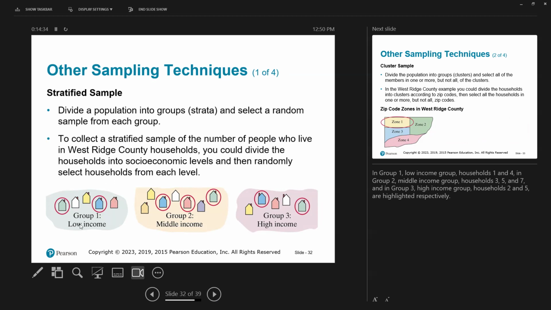So group 1 is low income, group 2 is middle income, group 3 is high income. So we have 3 different strata here. And then from each stratum, if you just randomly select some households from each level, this will be called stratified sampling.